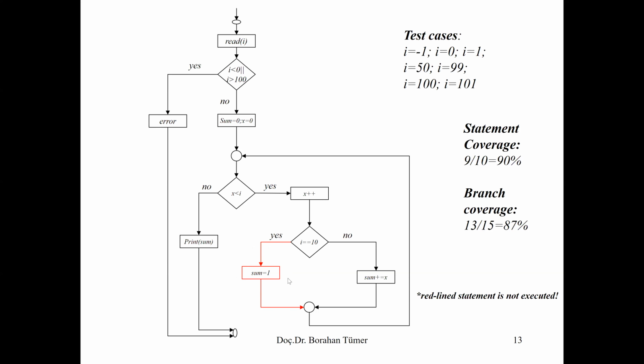What does this give us as far as statement coverage is concerned? 90%, right? Why? Because we have 10 statements or 10 nodes here, but only 9 of them are tested: 1, 2, 3, 4, 5, 6, 7, 8, 9, and 10. Junctions are excluded, and the begin and end nodes are excluded.